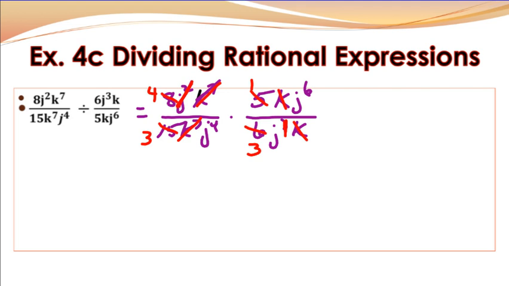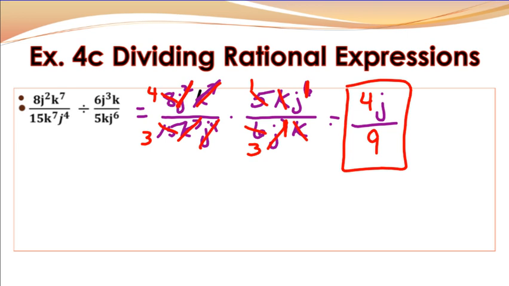And now I have 6 j's on top, and I got 5 total j's on the bottom. So if these 5 cancel off, that means I have 1 j left over. I can multiply straight across. Now I just have 4j over 9. And this would be our answer here.